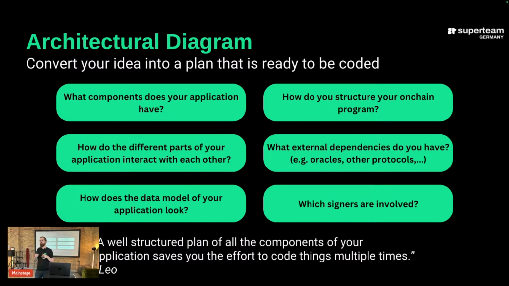If you have a great plan to start from, I think that especially when you're not super experienced, but even if you're super experienced and do complicated stuff, it saves you so much time later on where you have to reiterate and think about how stuff interacts with each other. So when you look at what components the application actually has, how do you structure your program on chain, how do different parts of your application interact with each other, what external dependencies have we?